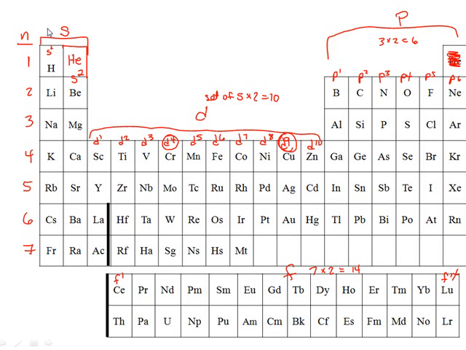Now, there are a couple of other things you need to know. For s, if you're talking about one of these s orbitals, the n corresponds to the n of the row that you're on. So if we're talking about sodium, the last electron or orbital filled is 3s1, plus all the other electrons before it.